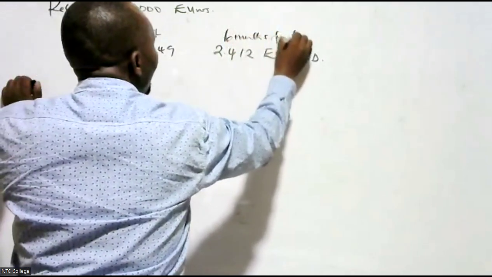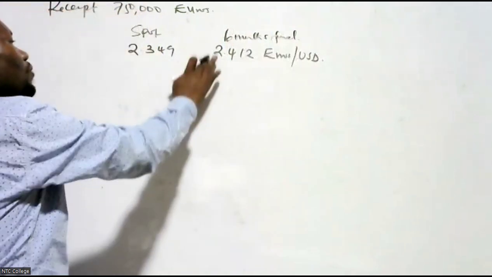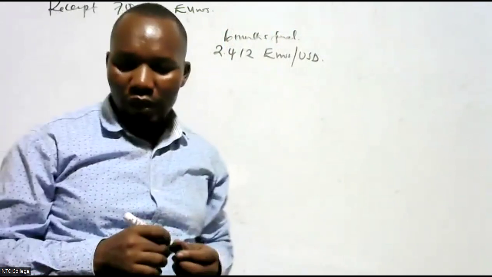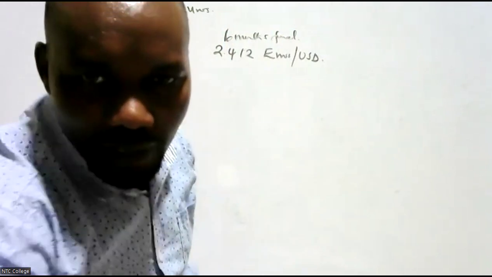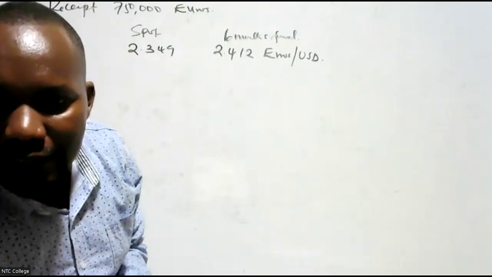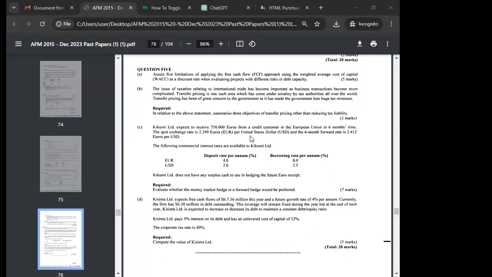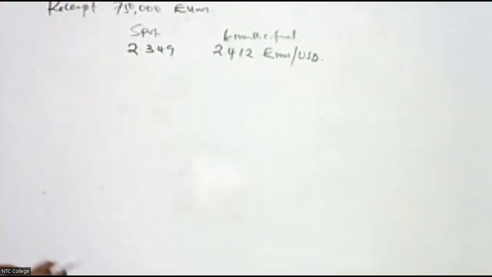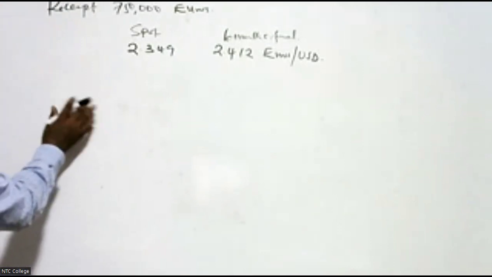Ukipewa hivi, don't worry about where the selling and buying is. Rate ni moja tu. Hiyo ndio unatumia. So they didn't have to disturb our mind. They're saying spot rate is that, and then we have forward rate, this one. Then these are the exchange rate for the borrowing and lending rate. So we are only having one rate. Fine. Now forward rate. So forward rate, what do you do?